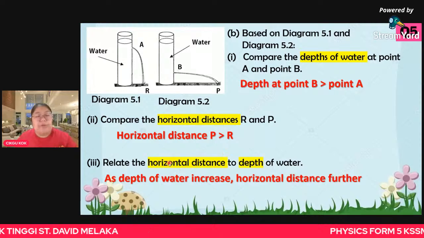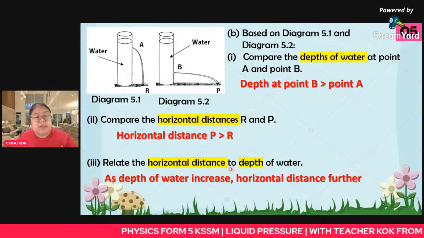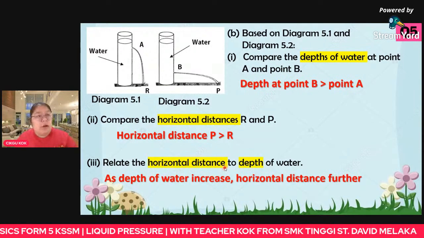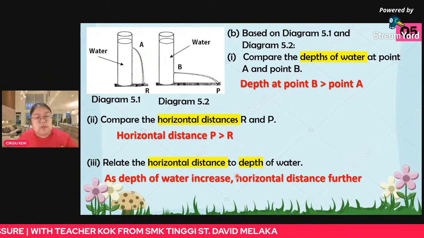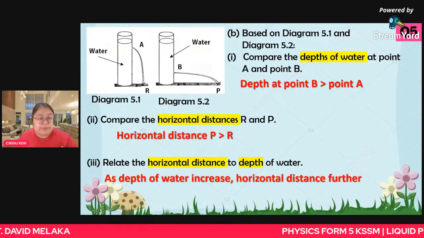We just copy from the question. They said depth of water and also horizontal distance. So we just take the two physical quantities, put them in the sentence, then add increase or decrease. So as the depth of water increases, the horizontal distance becomes further. This one we call a relationship.